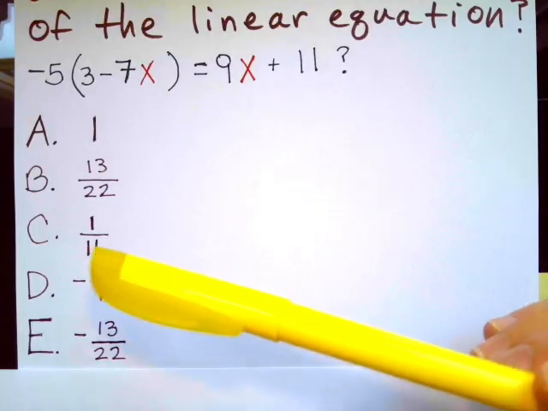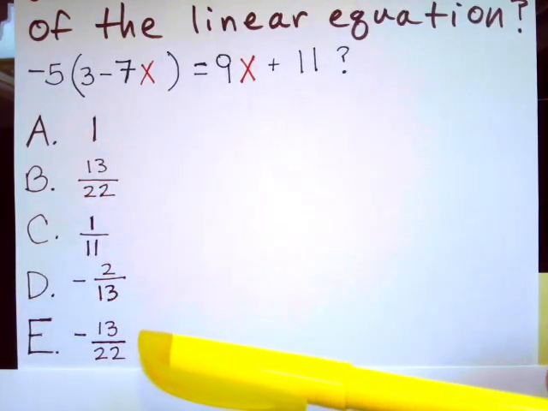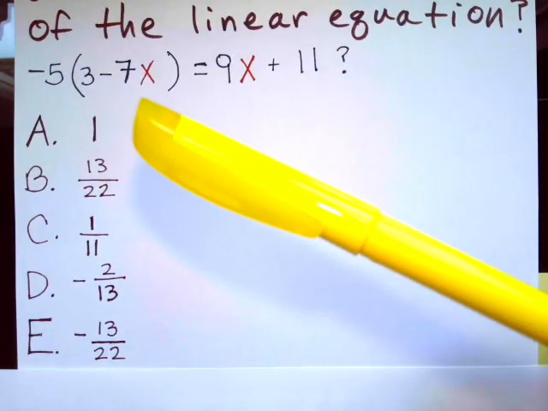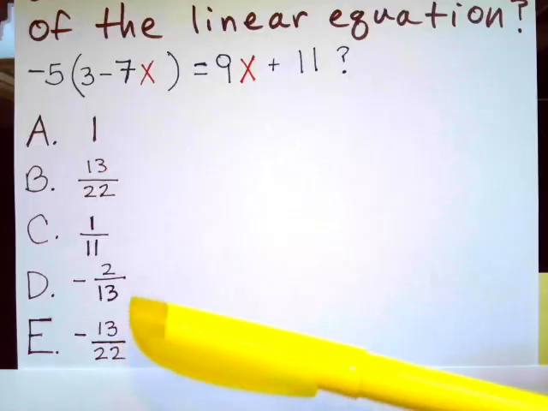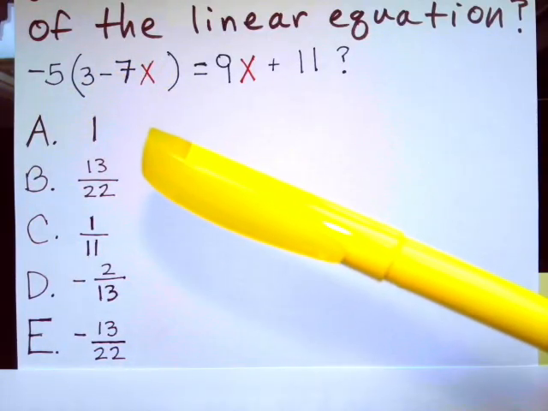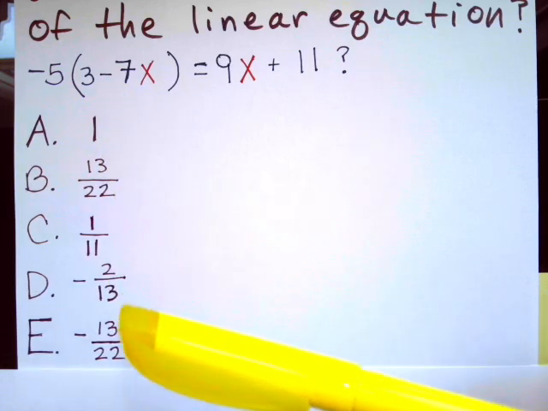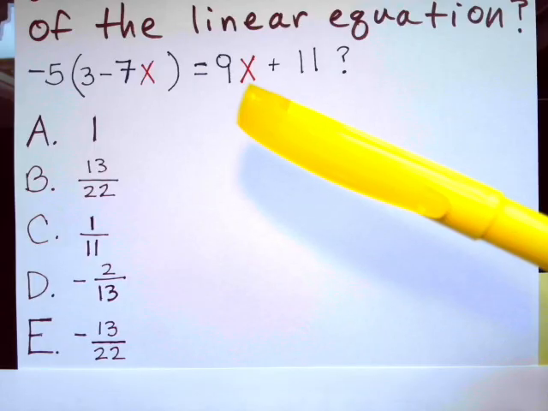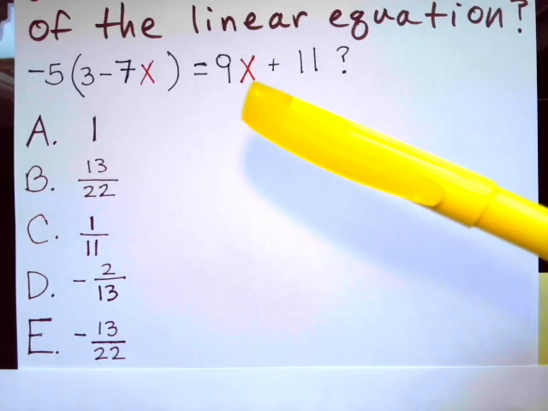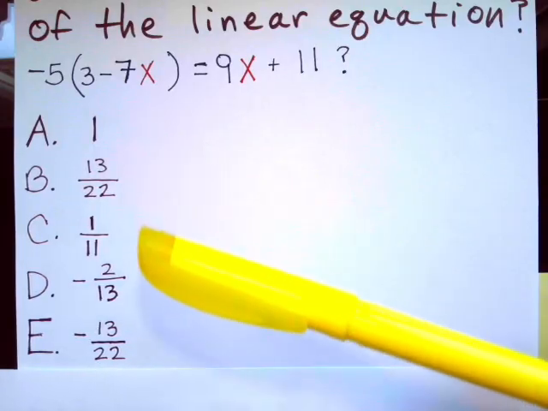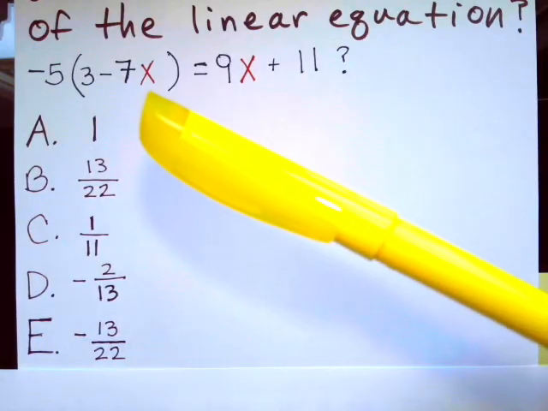But again, you can't eliminate A, B, C, D, or E just because of those reasons. So I don't have many strategies here for this particular problem, other than you can take these one at a time and substitute for x, which I'll do later in showing you how to check your answers. And if the left side equals the right side, you know you chose the correct option, right?